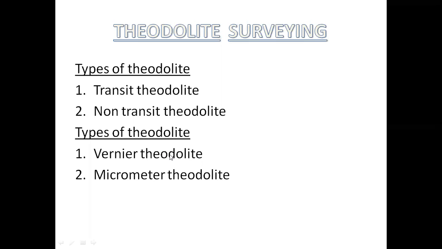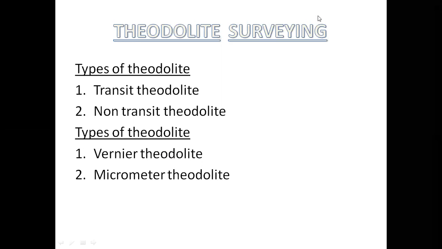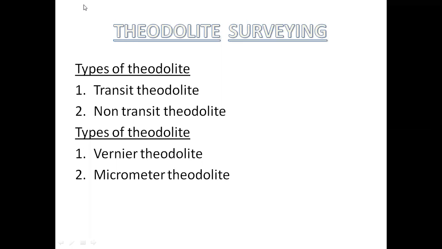Then in a 20 centimeter theodolite, the diameter of the main graduated circle will be 20 centimeter. So according to the diameter of the graduated circle, the naming of the theodolite is done. Like this, 8 centimeter theodolite, 12 centimeter theodolite, various theodolites are used in a survey.